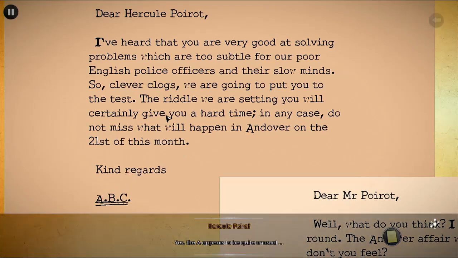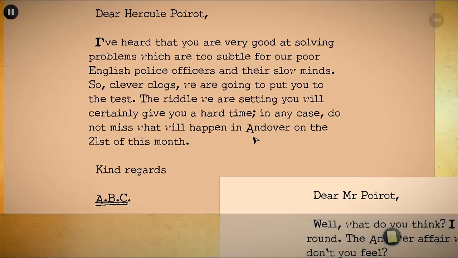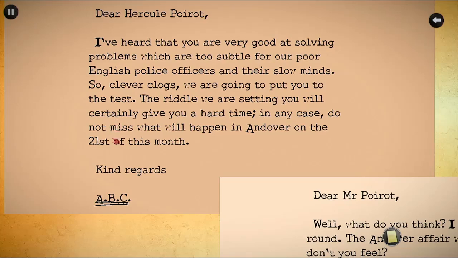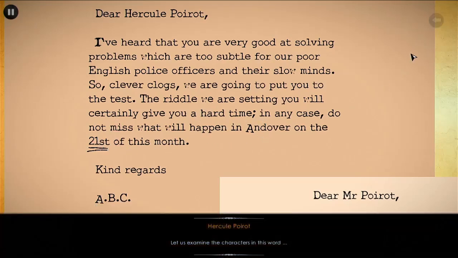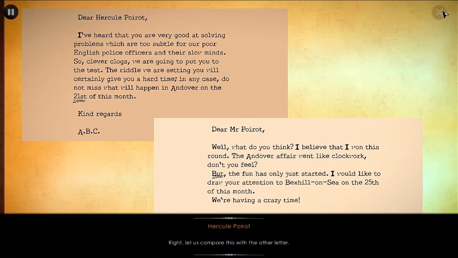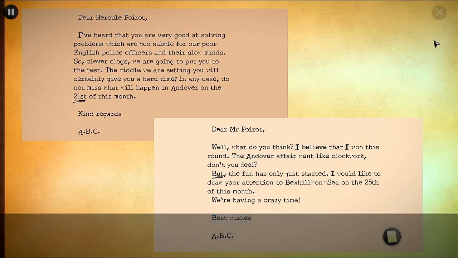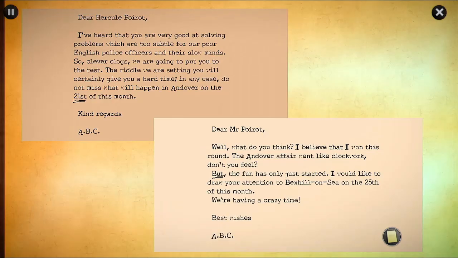And the A's are the same. Okay, I'm not sure whether... If you quit this puzzle now, it will be reinitialized. Oh, so I have missed something. Okay, what have I missed in this letter?